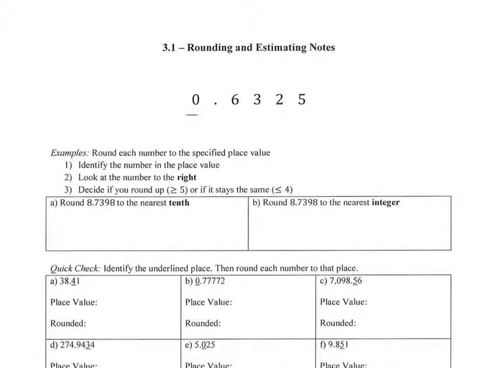This right here is called the one spot. It's on the left-hand side of the decimal. This is a decimal. This right here is called the tenth, with a TH. This 3 is in the hundredth position.